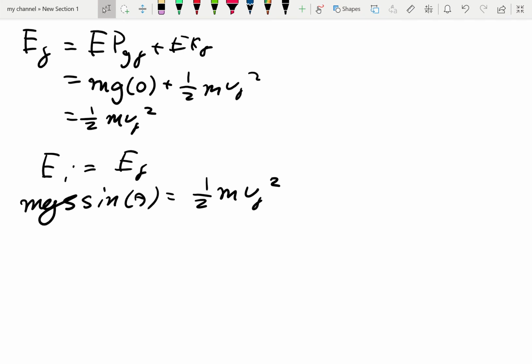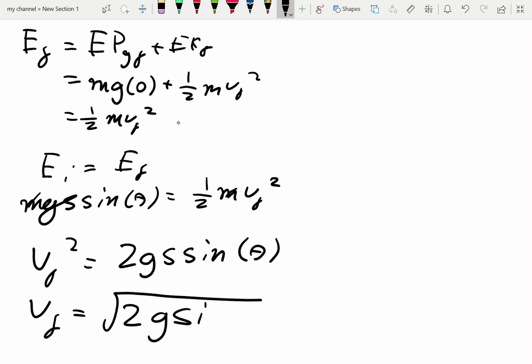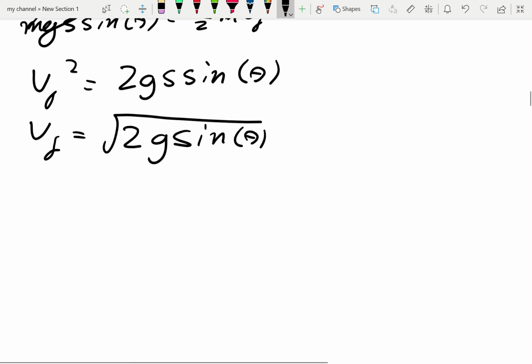This simplifies: you cancel out the m's, and we get vf squared is equal to 2gs sine theta. Now we square root both sides, and we get vf is equal to the square root of 2gs sine theta. And that's how you do part A.